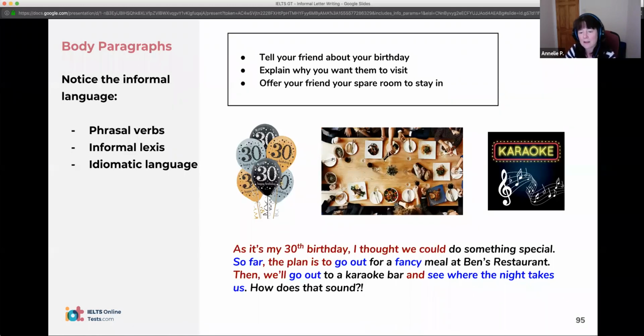So we've got we'll and it's. So we're using all of that kind of vocabulary. It's okay because there's not really anything else. And remember, this is informal, so you would write as you would write to a friend. Okay, so that's the first body paragraph.